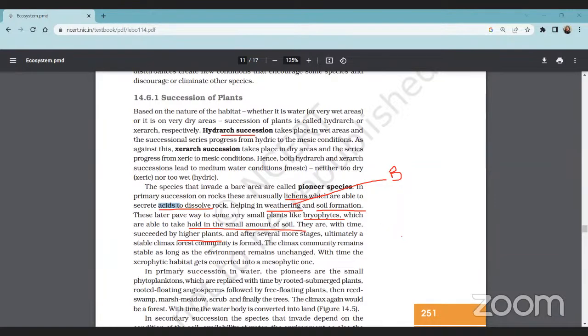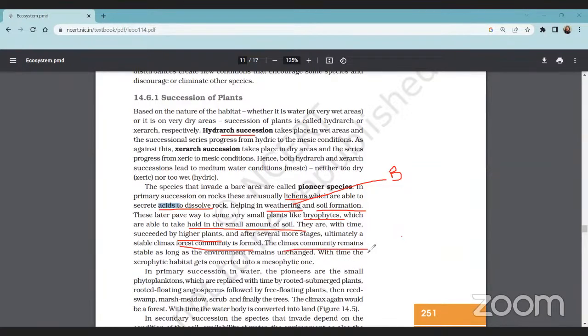After several more stages, ultimately a stable climax forest community is formed.